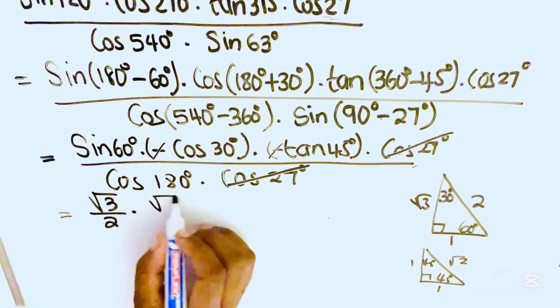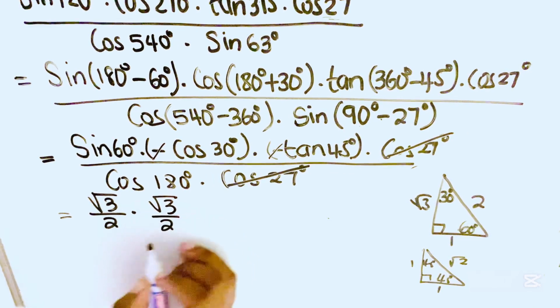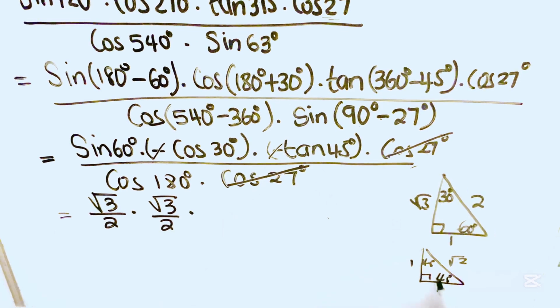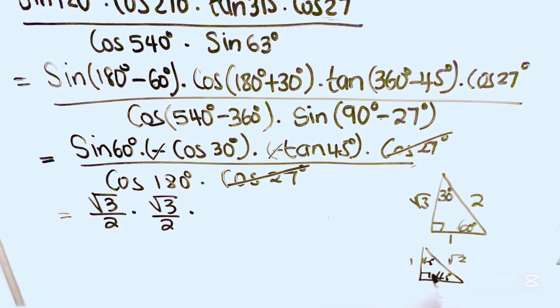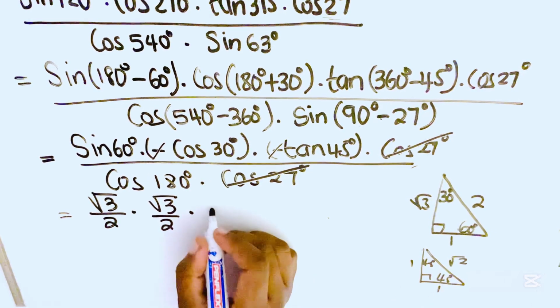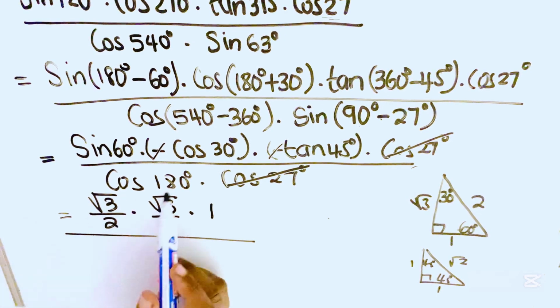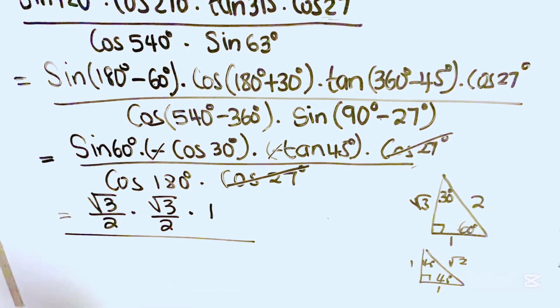So we have root 3 over 2 multiplied by the tan 45. In the triangle of 45, you just choose any 45. Tan is opposite over adjacent, which is 1 over 1. That will give us 1. All divided by cos 180. If you still remember the cos graph, at 180 degrees, it's negative 1.